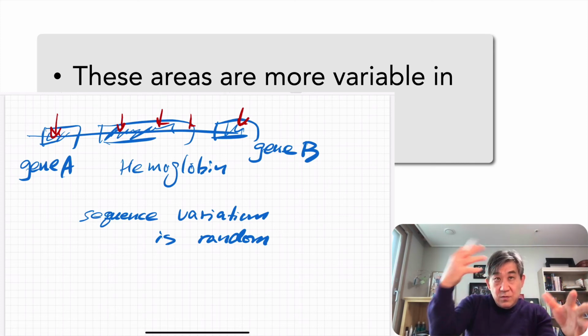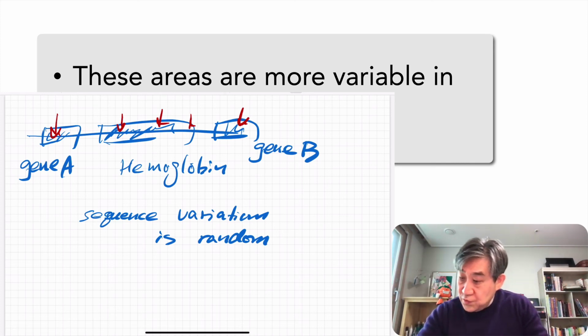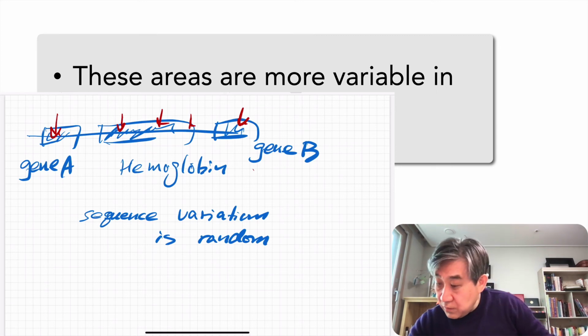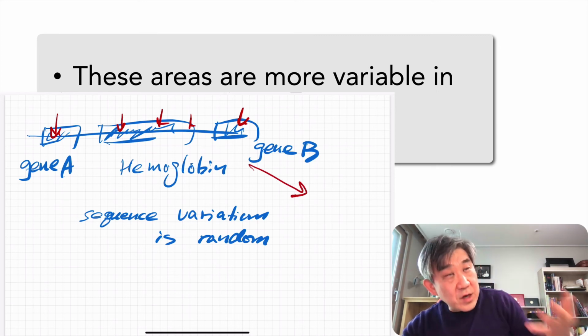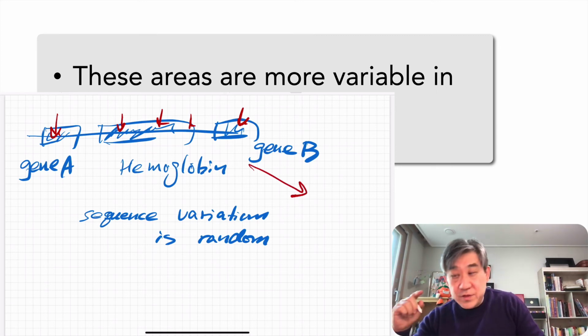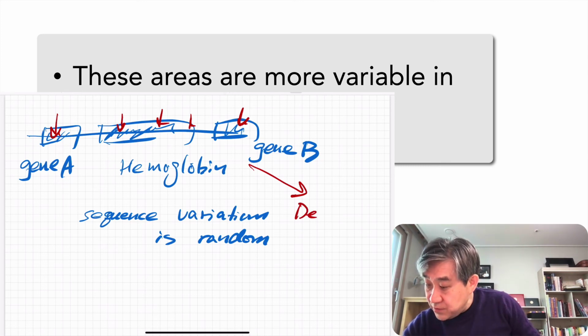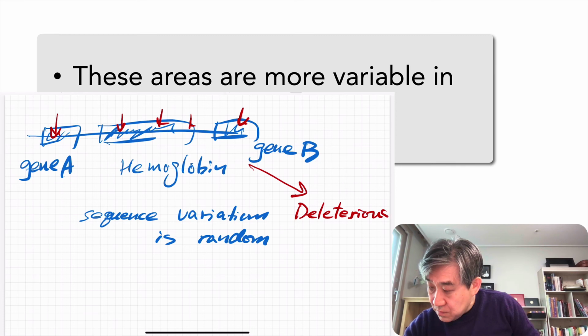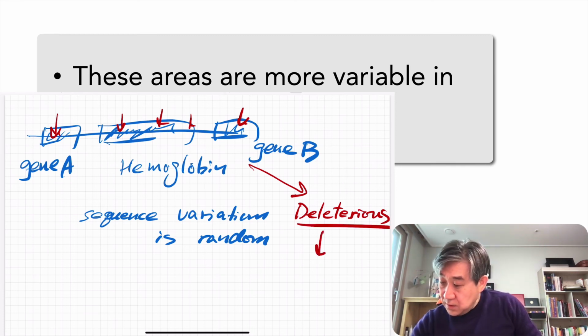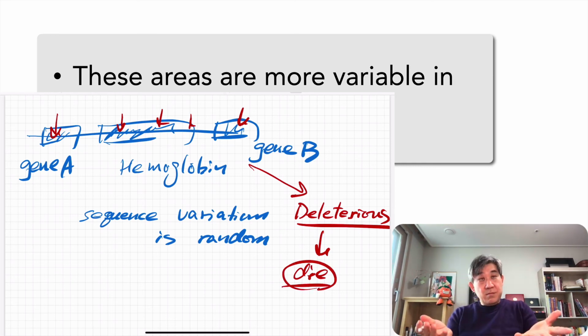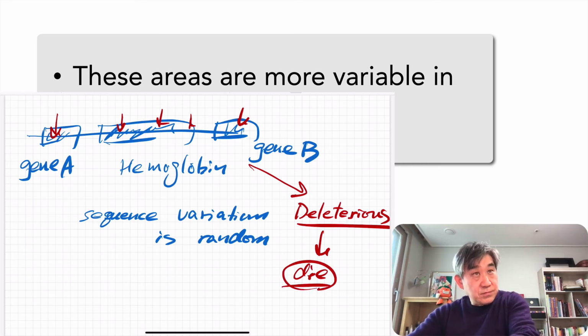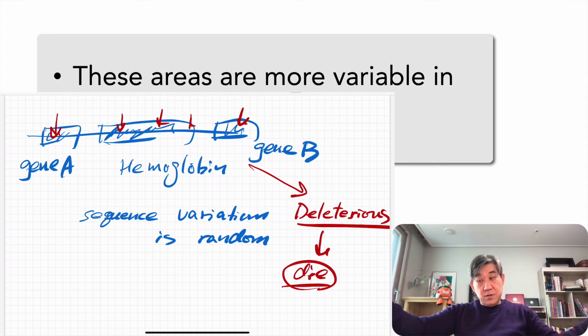So any DNA mutation occurring in your gene area will have a very bad result. It is deleterious, a bad impact. The individual will usually die. Any mutation, yeah, it's very unfortunate.